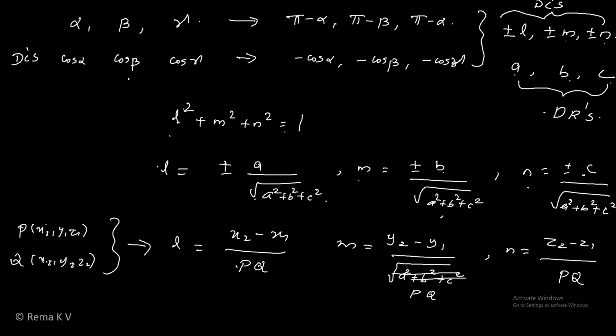So you have to remember these relations. x2 minus x1, y2 minus y1 and z2 minus z1 are the direction ratios of the line PQ, and the direction ratios divided by the magnitude of PQ give the direction cosines. I hope this is clear to you.